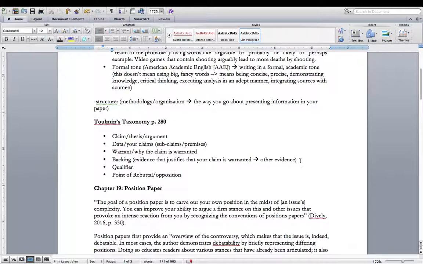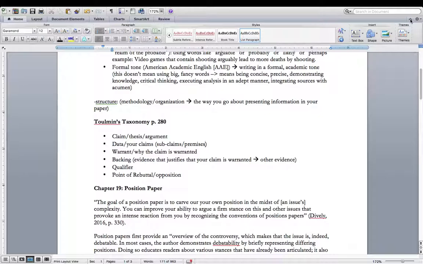And then the qualifier is really the way you go about writing your argument. It says here, words, phrases, or sentences that establish the extent to which or conditions under which your argument is reasonable. So your argument isn't just a free-for-all. There's going to be a boundary, or what we would say is your claim is contingent, which means that it's bound within some type of discourse.